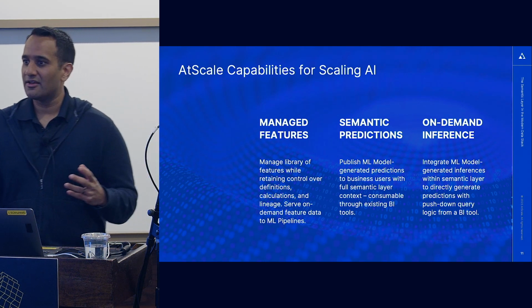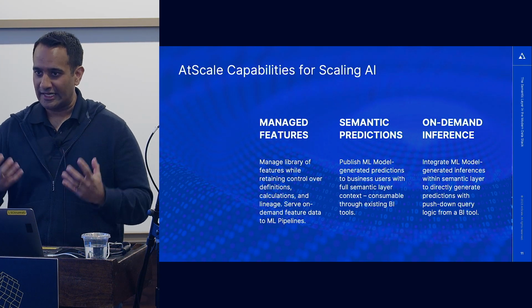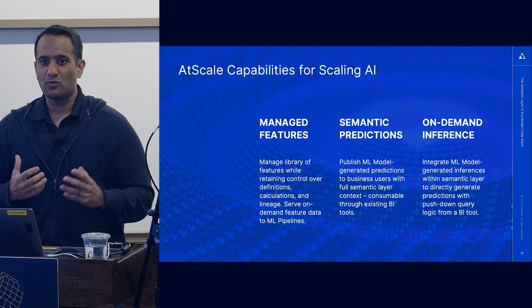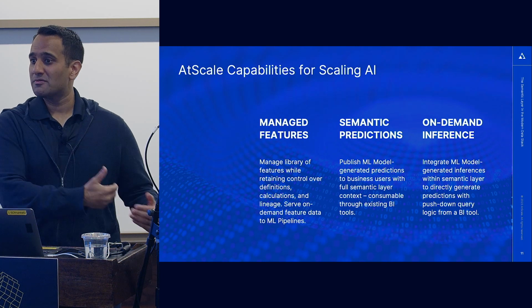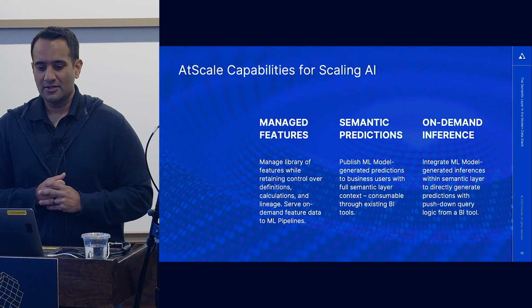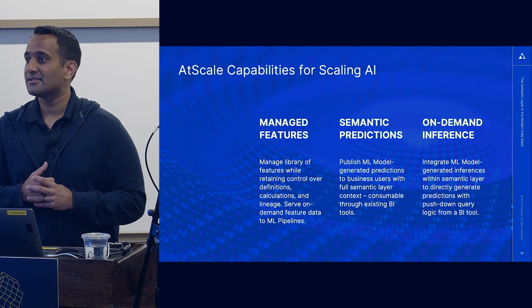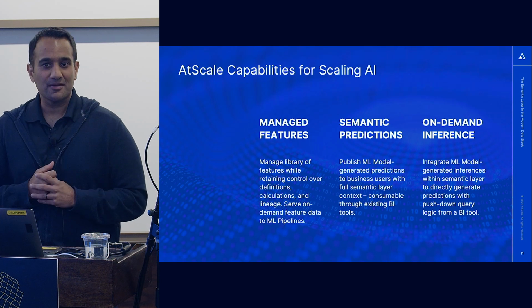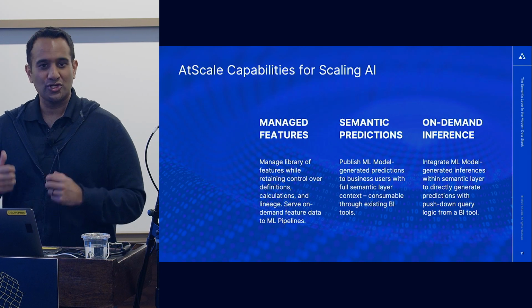So if you think again of a universal semantic layer as that business metrics layer, this is where your logic is being defined. There are two different types of personas that we see could use and benefit from that logic. The first are, I'll call them developers: data scientists, data engineers. And we have a term called managed features. The concept is that once you've defined the business logic inside of your universal semantic layer, that should be an input to your developer.